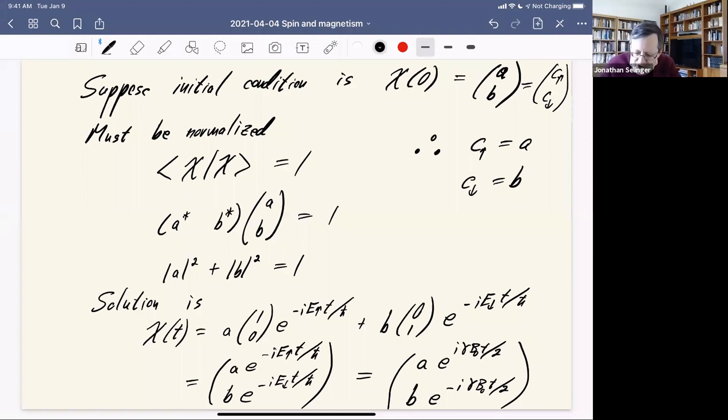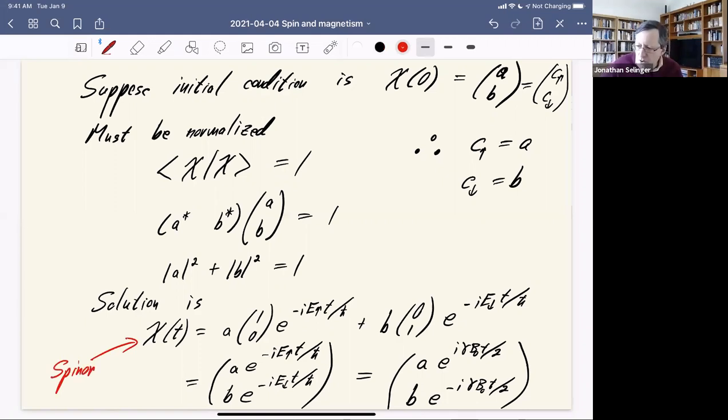So this is the solution of Schrodinger's equation for this spin problem. And this solution is a spinor, a vector.